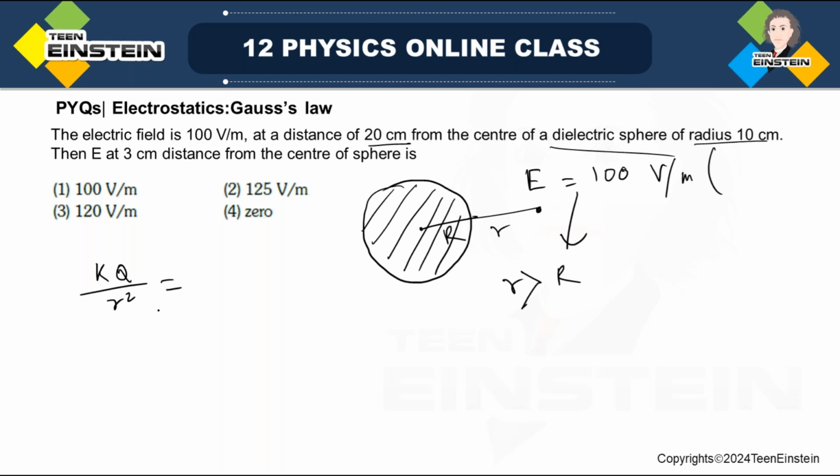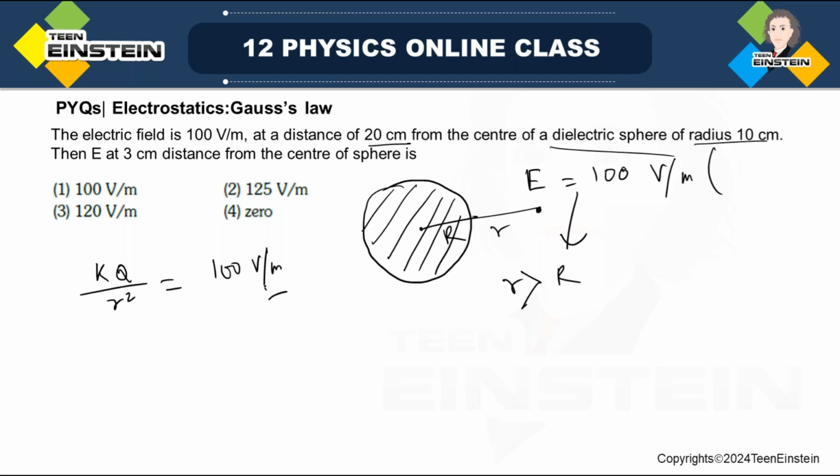This is the field at the outside point, and this is given as 100 volt per meter.